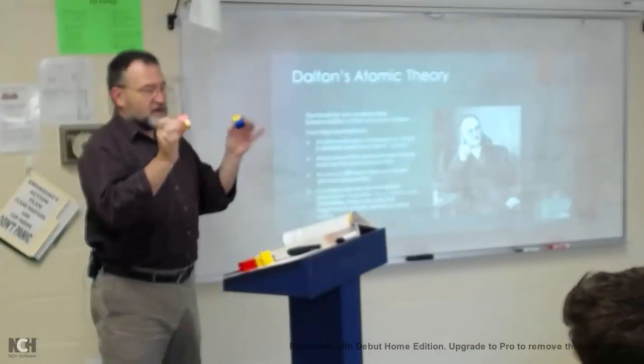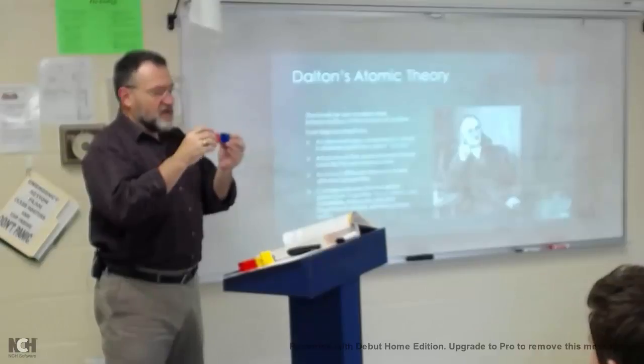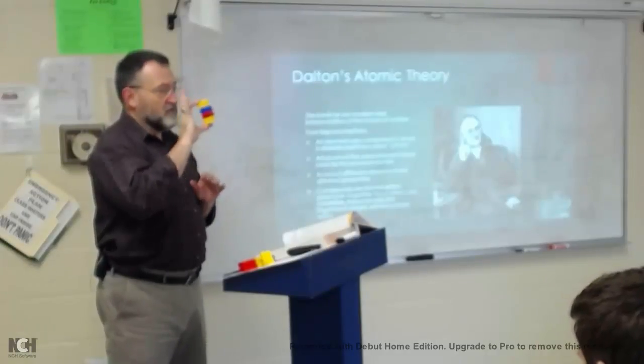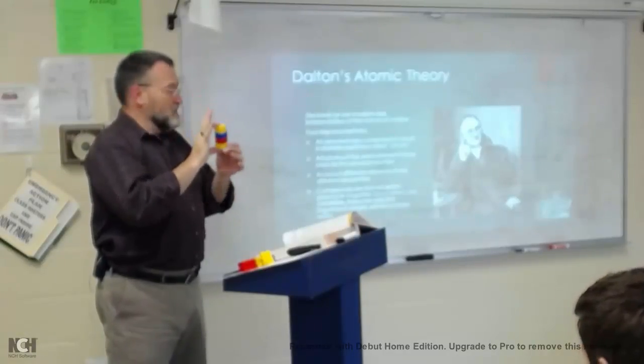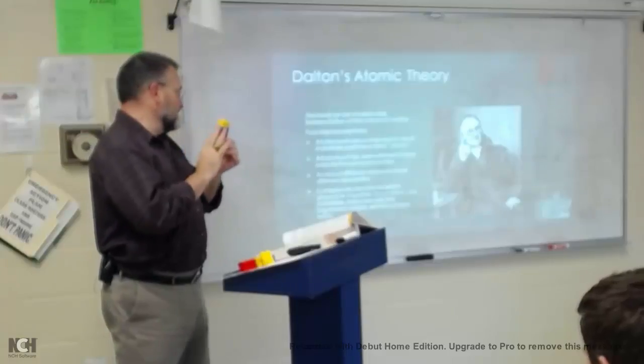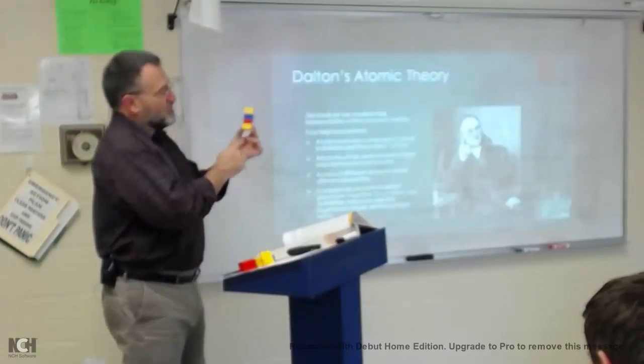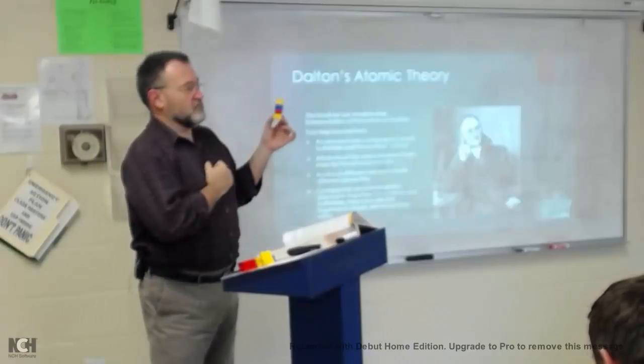A blue, a red, and 2 yellows. They come together to form this molecule. But they always come together in whole number ratios. In other words, it's always going to be 2 to 1 to 1.